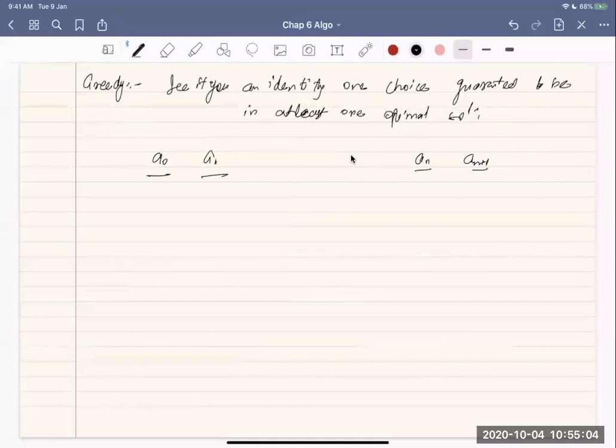Now I can actually make a variety of choices. Let's write down some choices. I make a choice, this is the activity I will choose. Suppose I give you a start time and finish time of multiple activities, and you have to choose one of these. This has to be in the optimal solution. Which one? What will be that property?